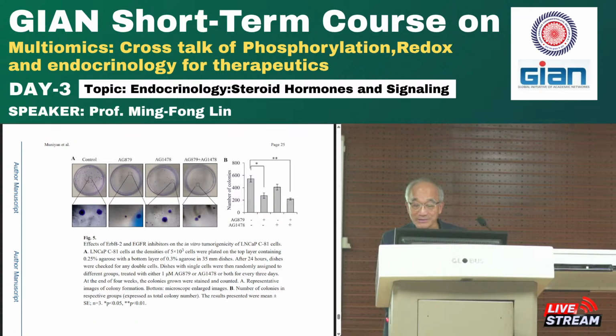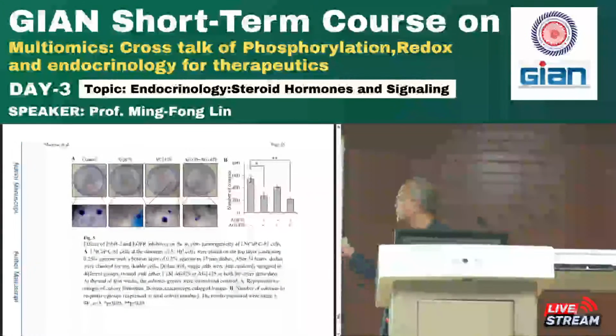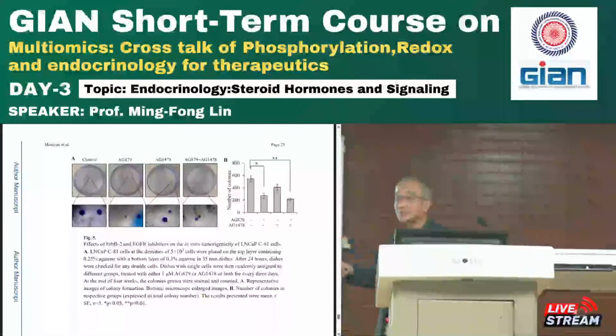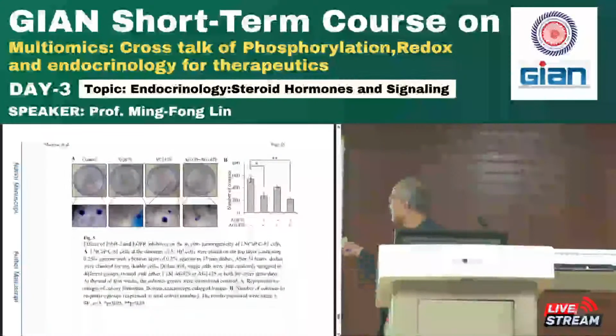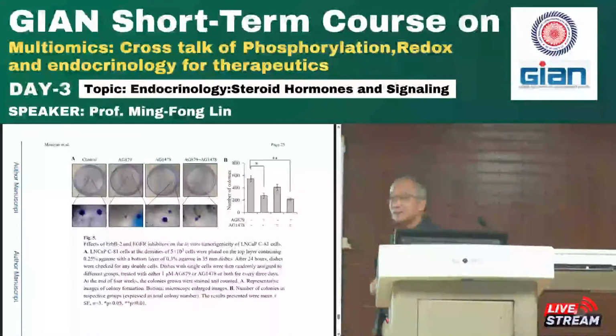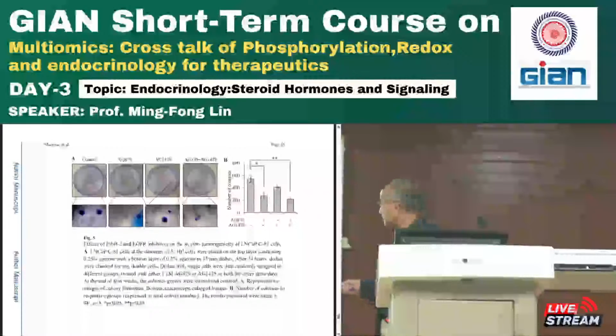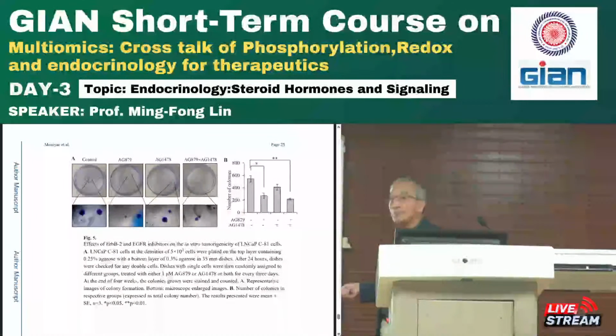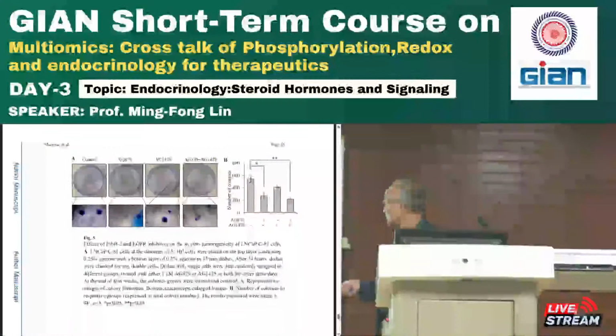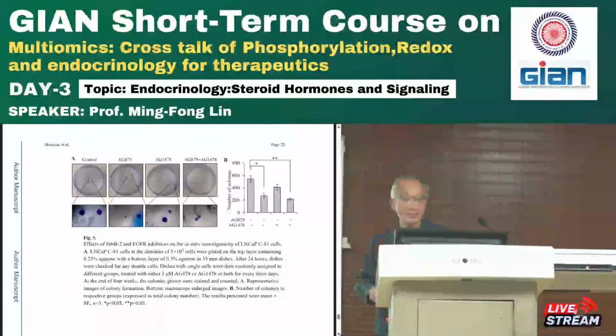That means we have at least 3 petri dishes, we count all of them, and then take the average for statistics. So we usually use n equal to 3. Then the p-value usually needs to be less than 0.05. What is the meaning of p less than 0.05? What does that mean?